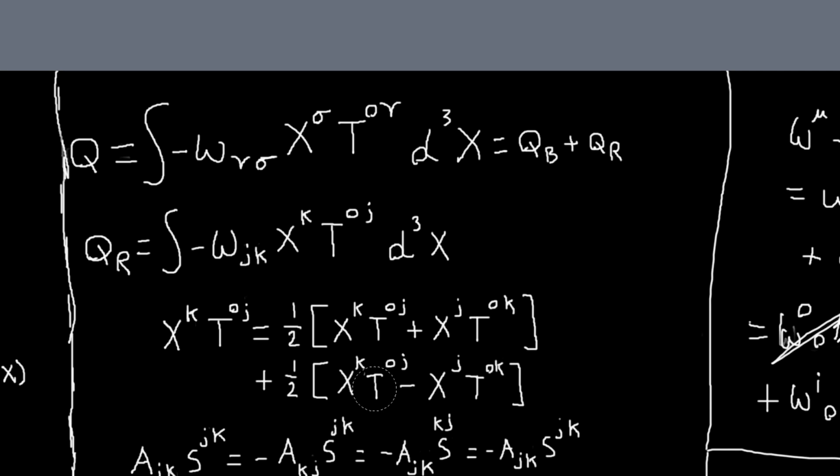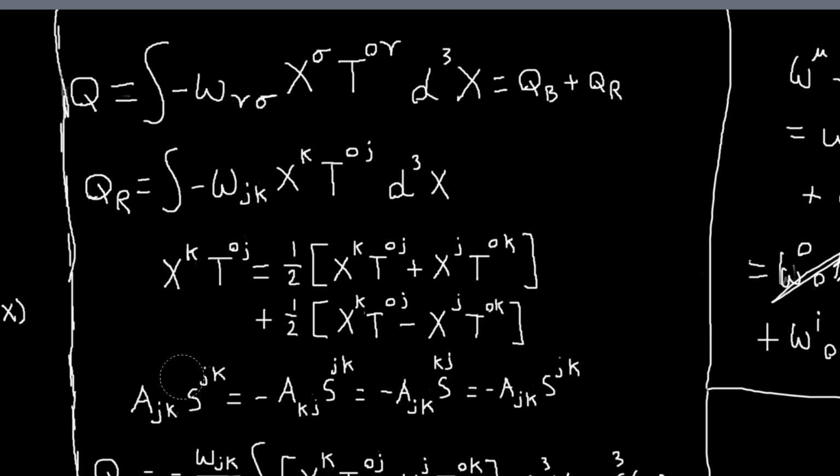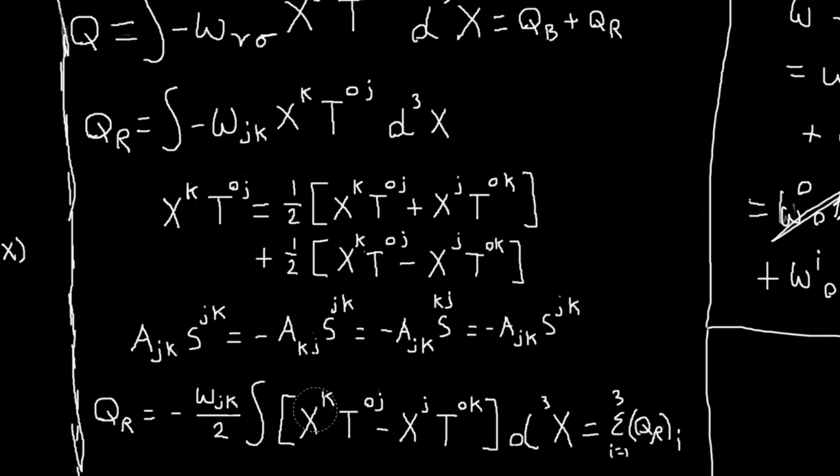Then we can make use of another fact: if I have an antisymmetric matrix doubly contracted with a symmetric matrix, then I can play our game as usual and prove that it's 0. So the first term has our antisymmetric omega jk contracted with the symmetric matrix, and that will be 0. So I'll only have to worry about the term here. I've written that out.